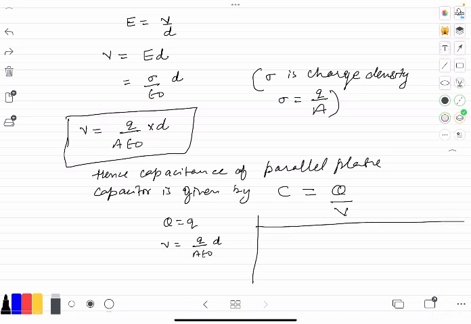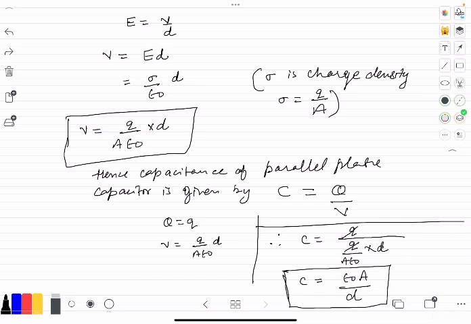Therefore, capacitance will be equal to Q upon Q upon A epsilon naught into d. We can cancel Q from Q. So we are left with C is equal to epsilon naught A upon d. So this is the required expression for the capacitance of a parallel plate capacitor.